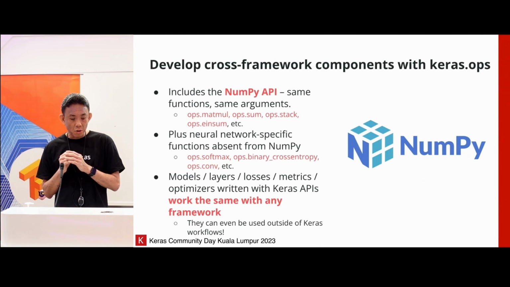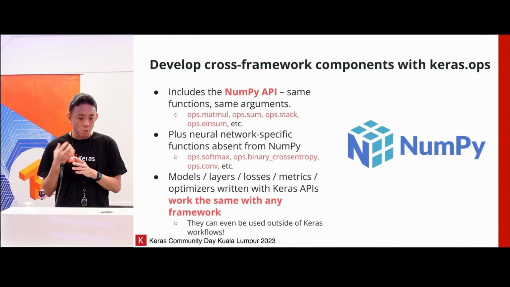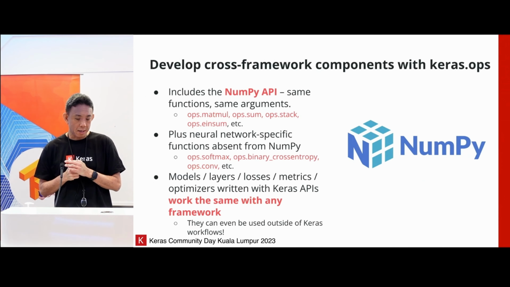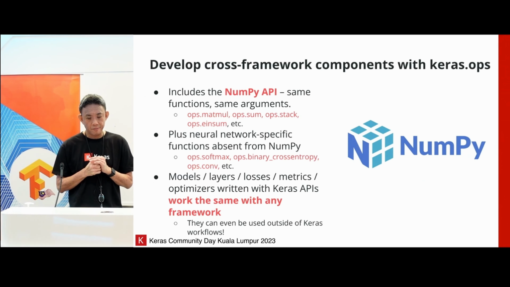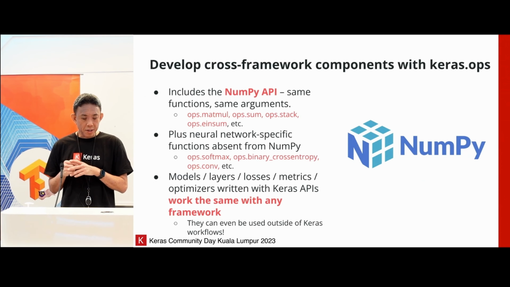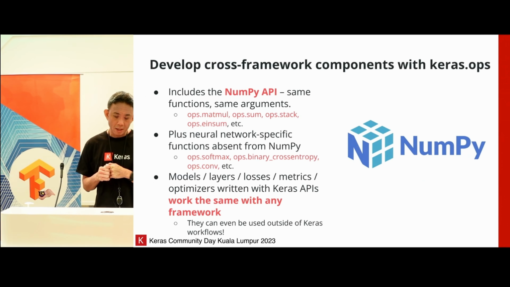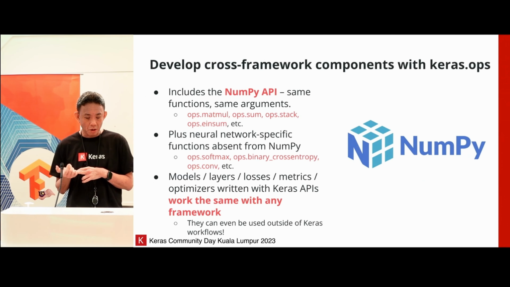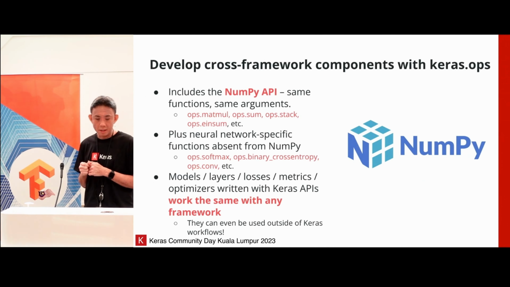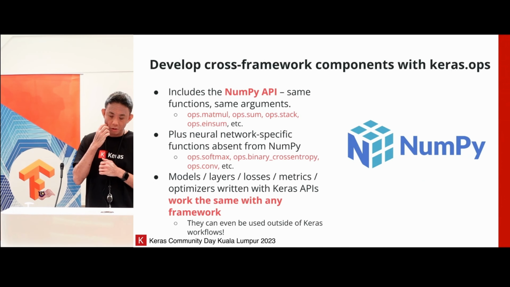So if you want to do matrix multiplication, or sum, or stack, you can just use it inside keras.ops. Of course, you also have other neural network-specific functions, like softmax, binary cross-entropy, or convolution. You can use ops.conv also.